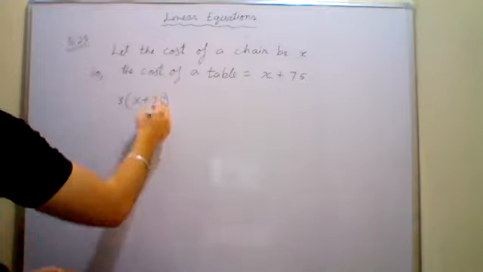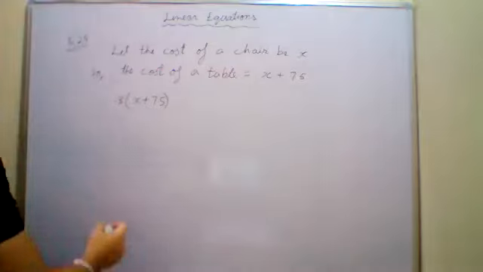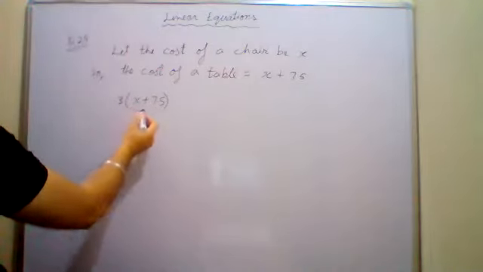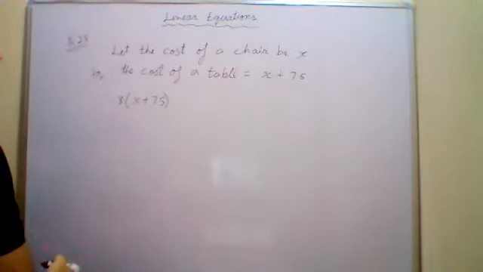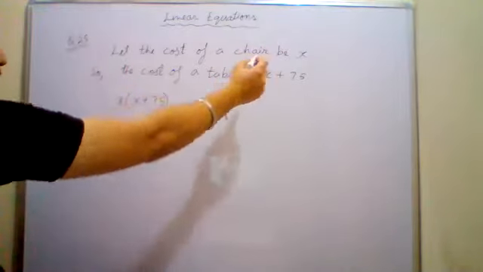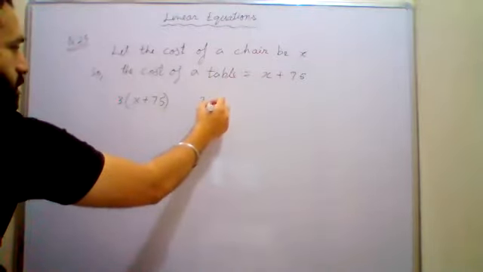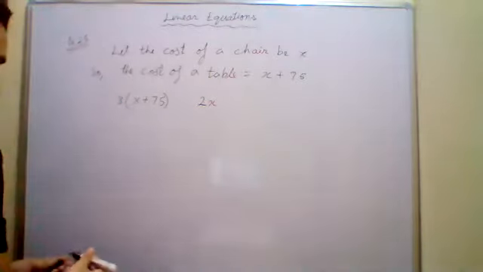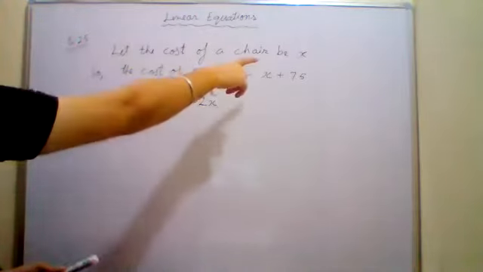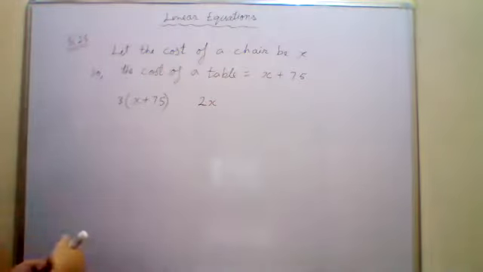Cost of one table is X plus 75, so the cost of 3 tables will be 3 into X plus 75. Cost of one chair is rupees X, so the cost of 2 chairs will be 2X.